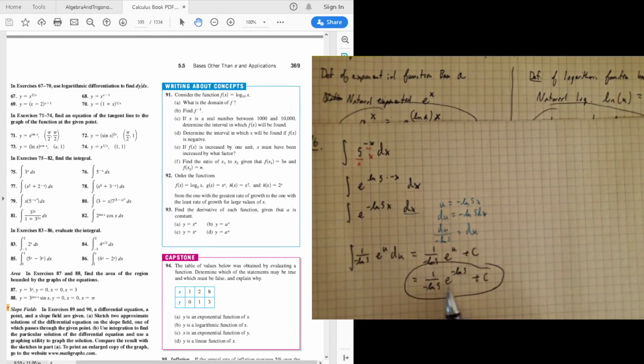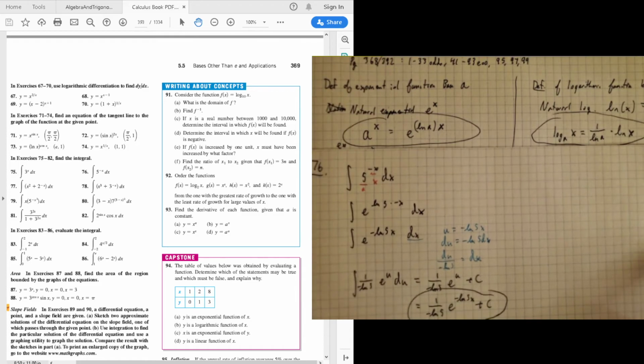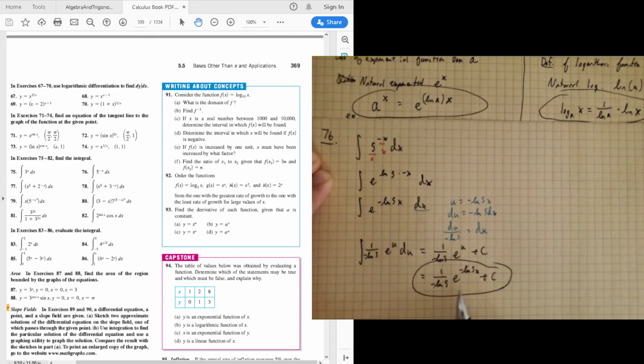So if you take a derivative, negative ln of 5x, we would multiply out front, which would cancel with this negative ln of 5, leaving just e to the negative ln of 5x, which is what we have here. And we already know that this is equivalent to that using our property. And so this is just a different way to do an integral. Notice that there's no direct way to get from 5 to the negative x power to here without using e's. It's just not possible. And so, there we have it.